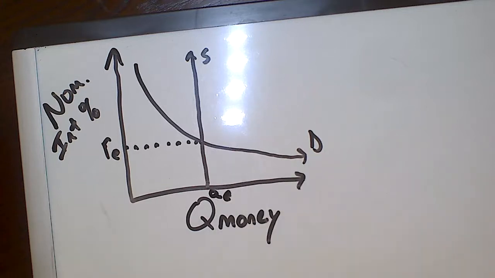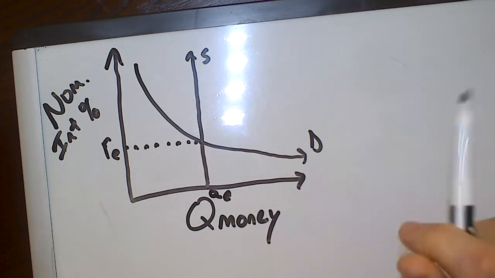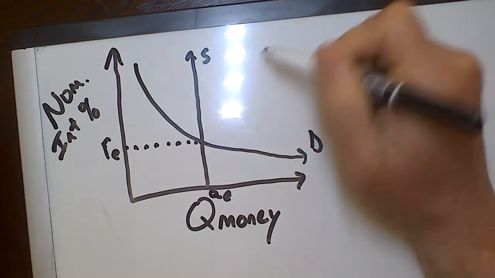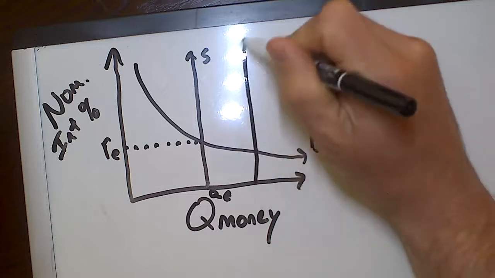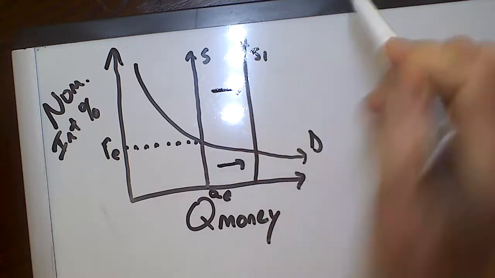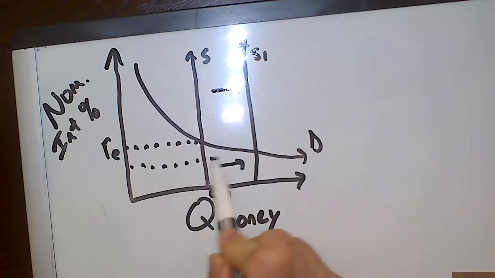Sorry for the mess. Let's say that in today's quick sample problem, if the Federal Reserve wanted to increase the money supply, then we're just going to put in a new supply curve to the right of the original supply curve. We can see on the graph what happens to interest rates.